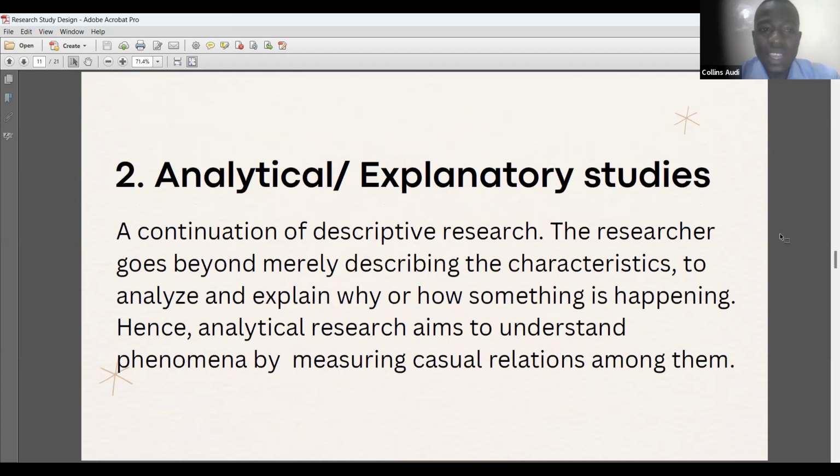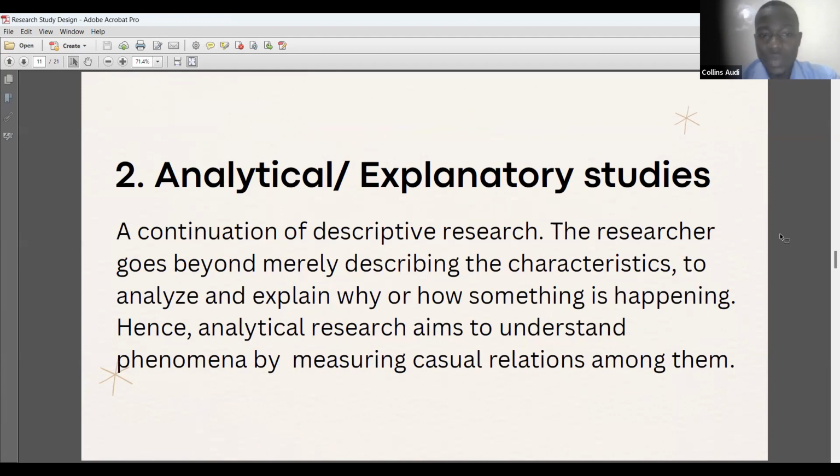Then that takes us to the analytical or explanatory studies. After we start to generate some hypotheses, after we've known the situation on the ground, now we want to test this hypothesis. So the best design to test this hypothesis is the analytical or explanatory study.